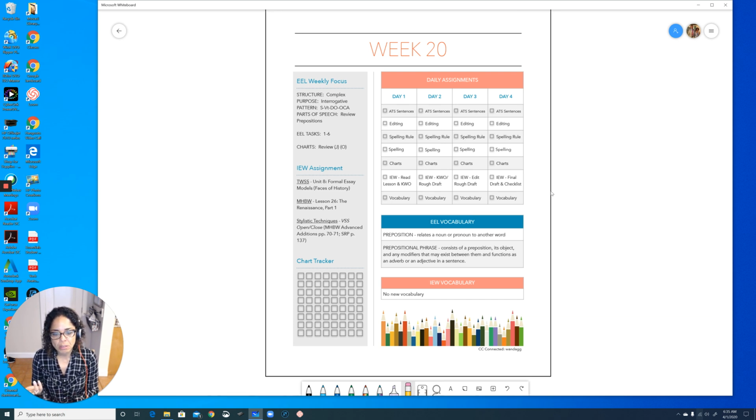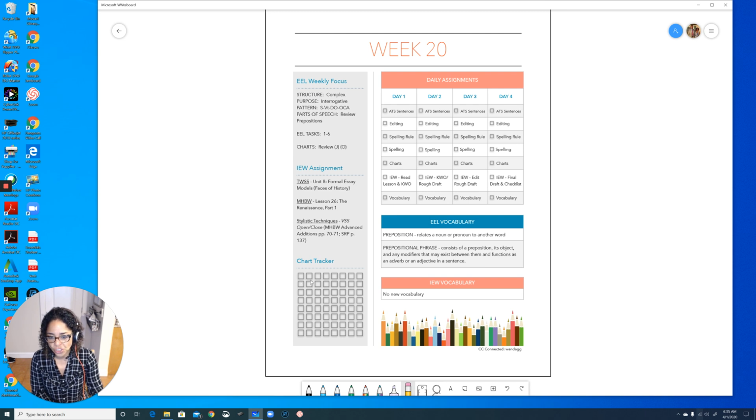So, you know, it's several pages. This is just the first page. I'm just going to show you the whole thing. See, the first page they actually combine your IEW and EEL assignments for you in a daily schedule form. They tell you, we went over preposition and prepositional phrase a little bit today. There is no new vocabulary for IEW, although I did encourage you to go ahead and finish the rest of it. It gives you a kind of a guide for daily assignments.